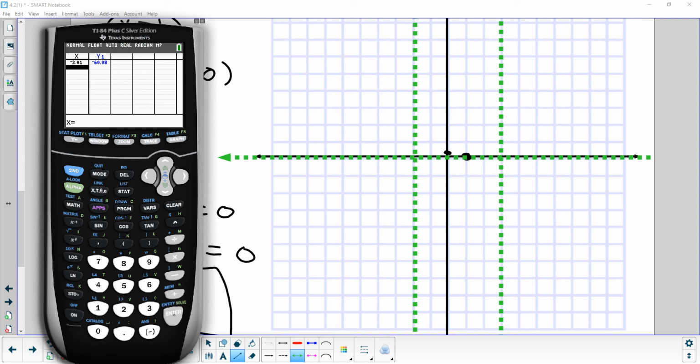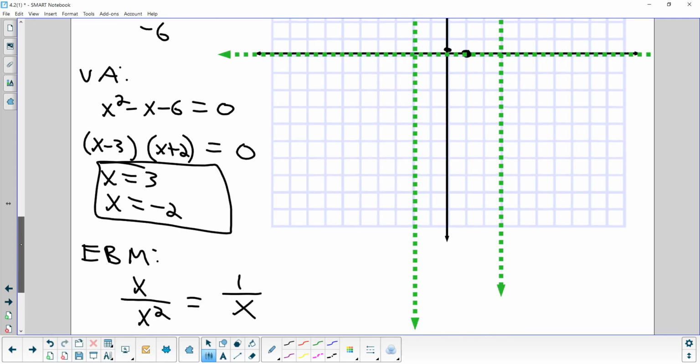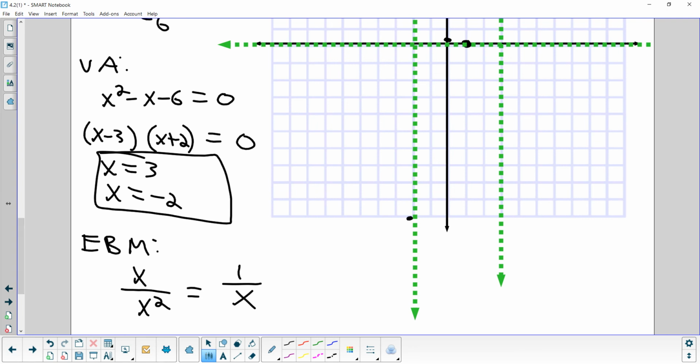When you plug in -2.01, or if you go even closer, you're at like -600. So just to the left of the vertical asymptote right here, you're way down. Okay, so on your graph, you're going to be way down. I can't even really draw how low it goes, but it's down.